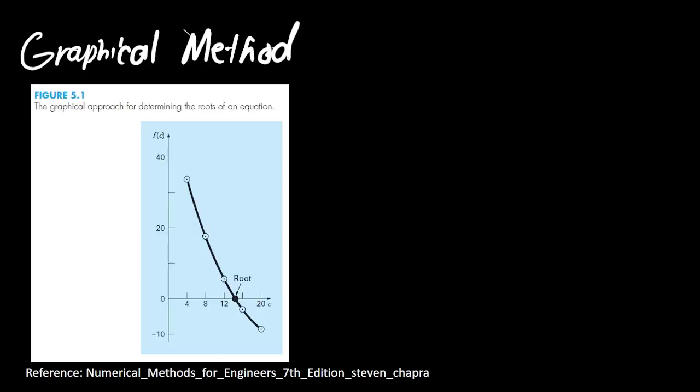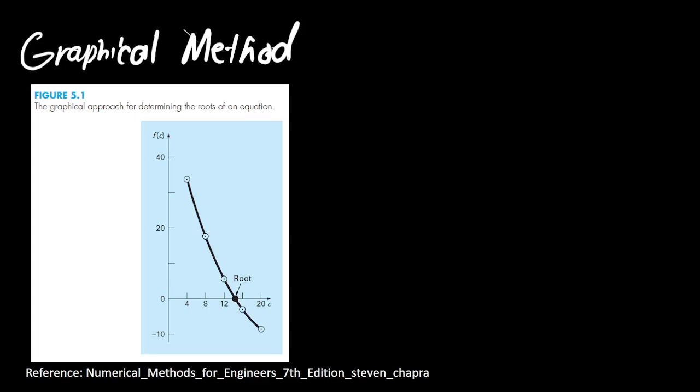So that is how you find the root of an equation using graphical methods. It's quite conventional because you are just looking at it, investigating by looking at the graph.